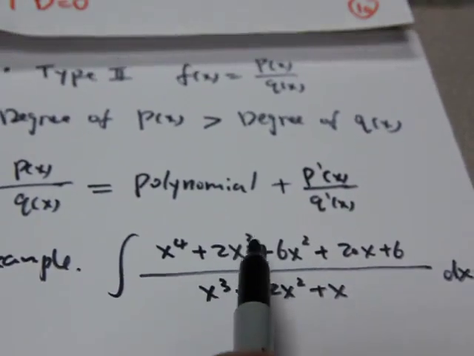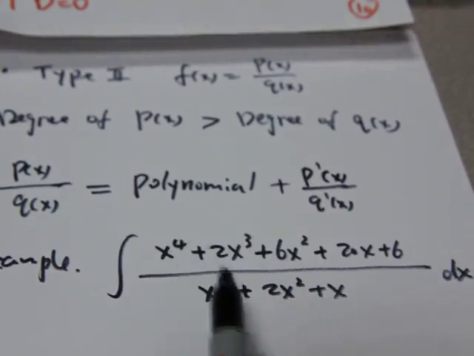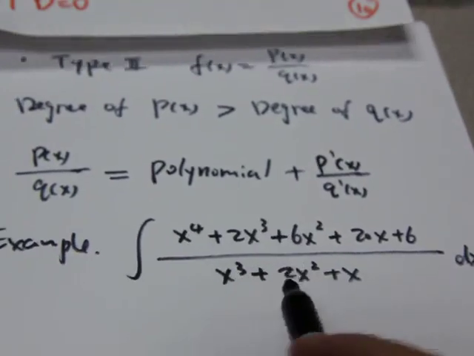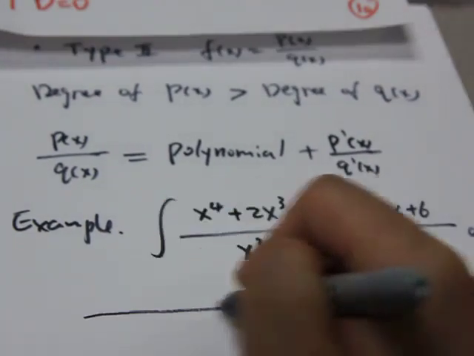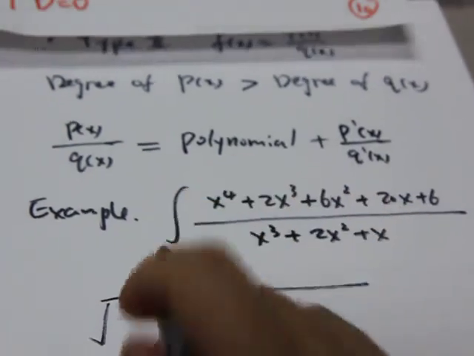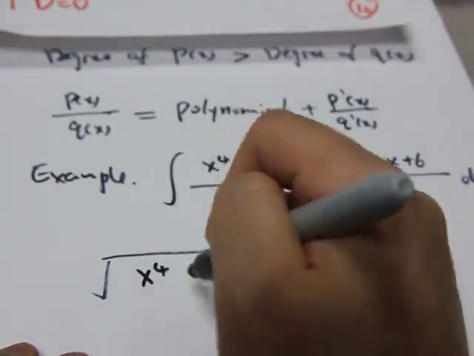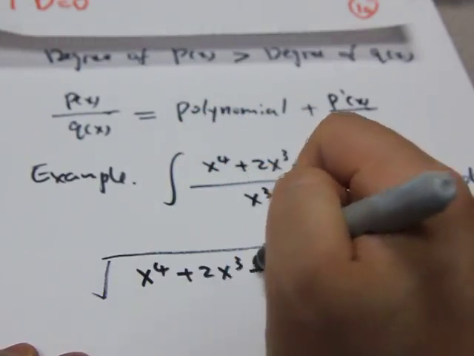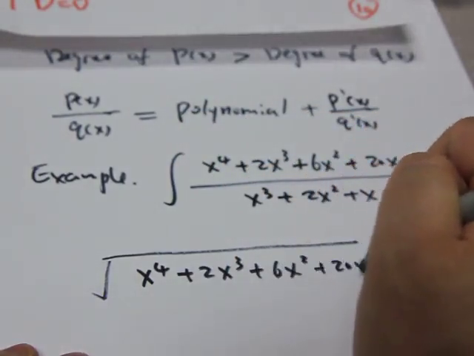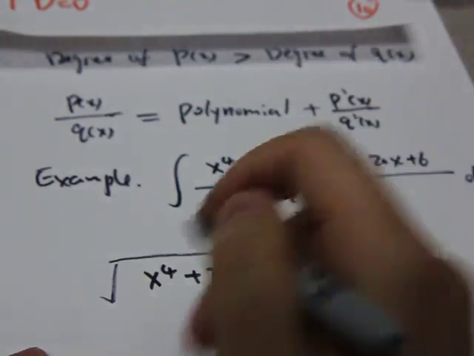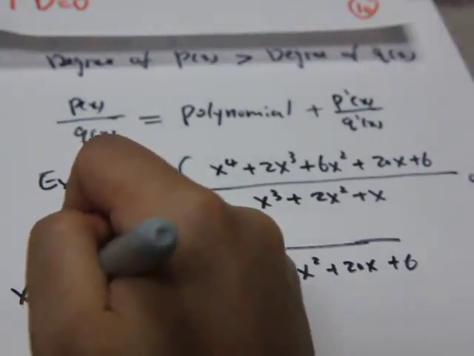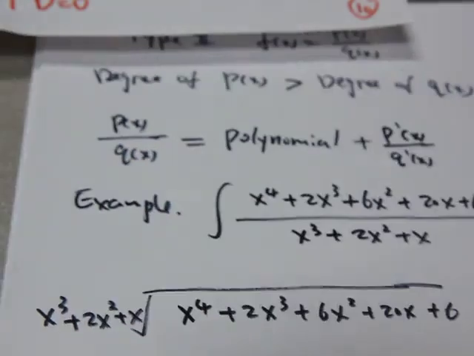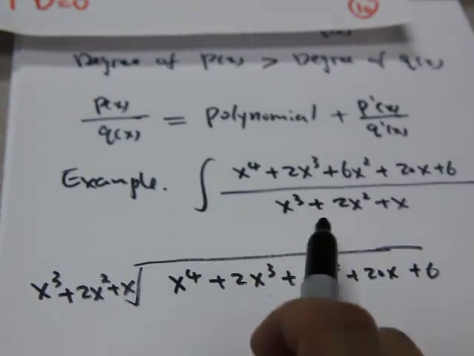Now we notice that the degree of the numerator is 4 and the degree of the denominator is 3. So first we use long division. So we divide p(x) by q(x).